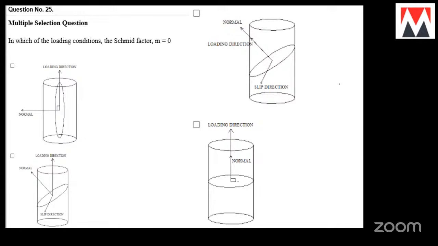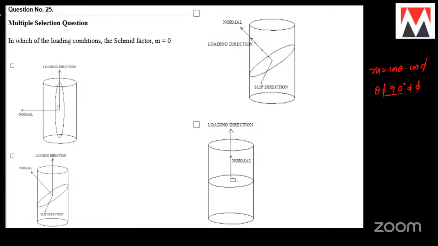So your M is nothing but cos theta into cos phi. Your angle should not be equal to 90 degrees. Any of the angles should not be equal to 90 degrees, either theta or phi. So in what cases do you have this?